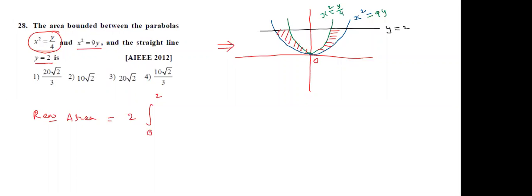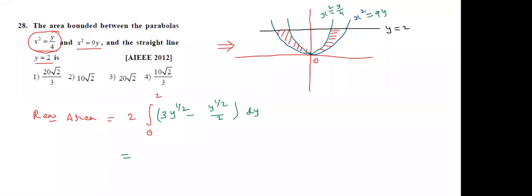Now write the upper curve. You will get 3 y power 1 by 2 minus the lower curve, y power 1 by 2 by 2. If you have not understood which is the upper curve and which is the lower curve, then put modulus, no problem.